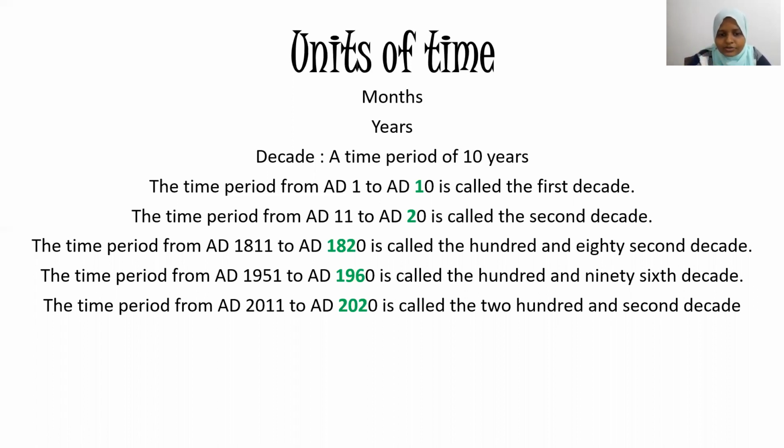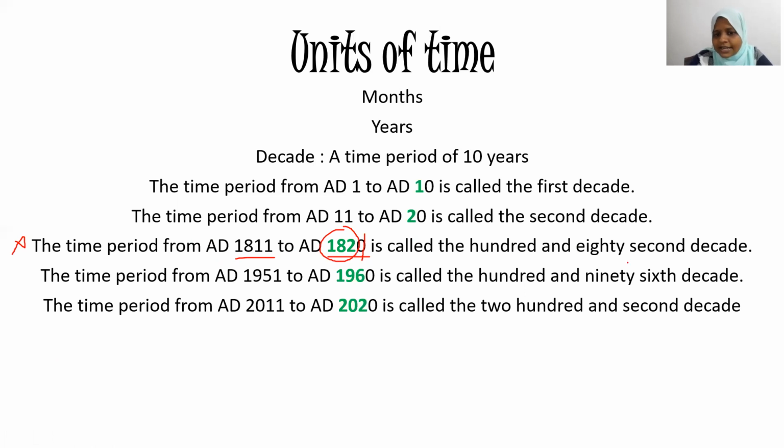Now, can you see I have highlighted this in green? That is what I'm going to show you, how you find this. Listen to this point, children. The time period of 1811 to 1820. They want you to write which decade it is. To find that, you just cut the last 0, and the number which is here, 182, is the decade.